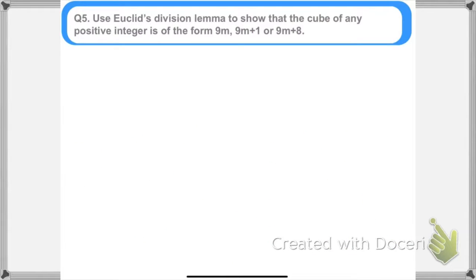So now our next question is, use Euclid's division lemma to show that the cube, in the previous question we were dealing with the square, and now we have to show that the cube of any positive integer is either of the form 9m, 9m plus 1 or 9m plus 8. So again we will proceed in the same way. Let a be any positive integer and the value of b here will be 3.